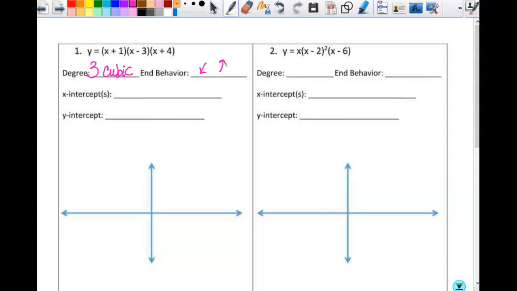Then how many x-intercepts am I going to have? How do you find an x-intercept? Set y equal to 0. So if I set y equal to 0, I would actually have 3, right? Because this isn't like a parent function. Your graph isn't going to just look like a cubic. Okay, if so, we would do it with transformations and we could actually graph it. This is a different kind of cubic function that's got a lot more going on.